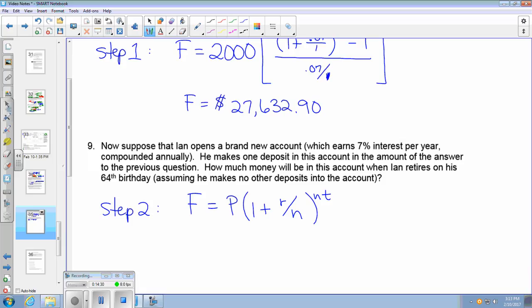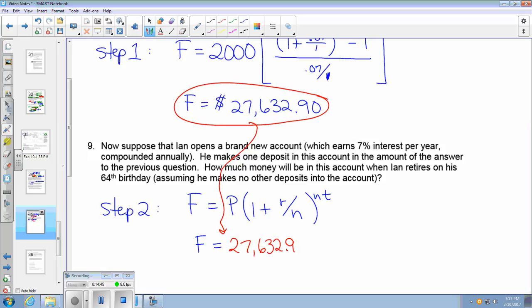All right, so we've got our formula for compound interest. And in this case, your future value is going to be equal to, and we're going to take this answer from here, we're going to plug it in for P. And then we're going to times that by 1 plus 0.07 over 1. And again, you can leave that 1 out if it makes more sense to you.